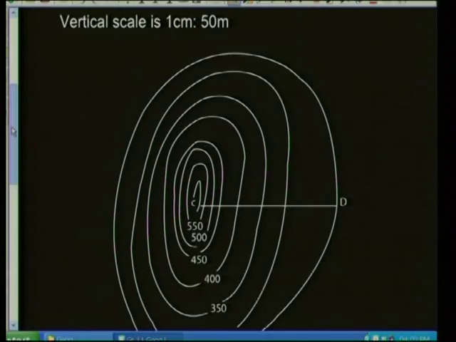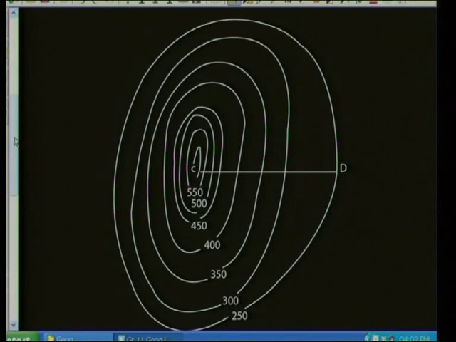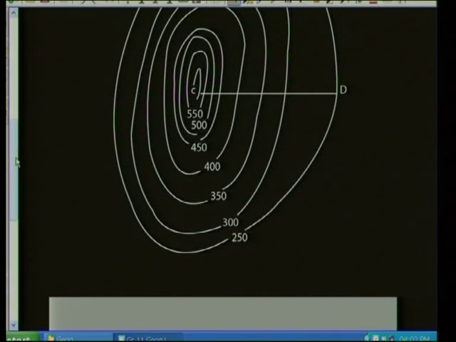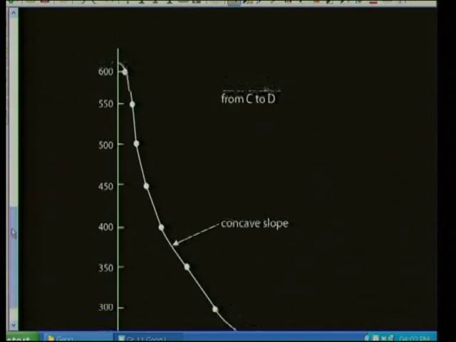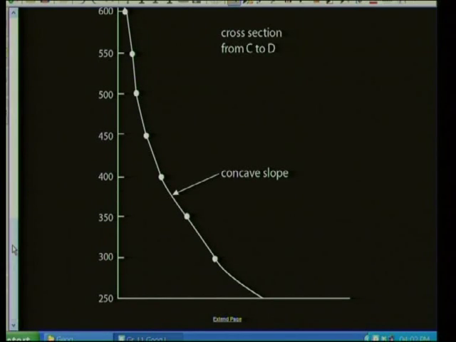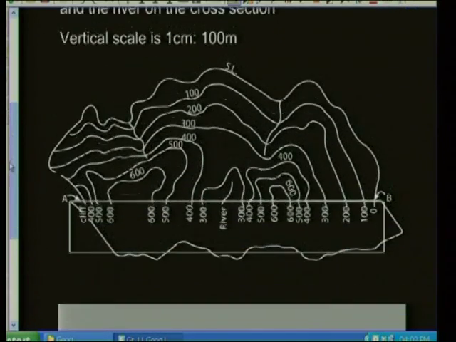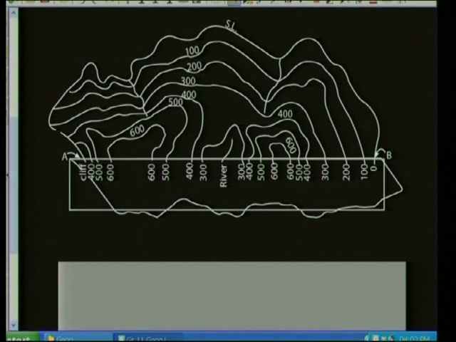Right. Let's look at another one. Look at this one. This also shows an increase towards the center. You notice? Same thing. It's going up. All right? Next one. This is quite a complex one, eh?